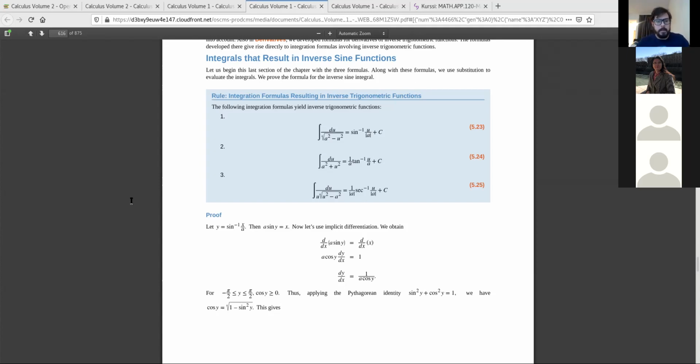Then remember, sinus of x squared plus cosinus of x squared is 1, right? So we get that the sinus of x squared is 1 minus cosinus of x squared, right?